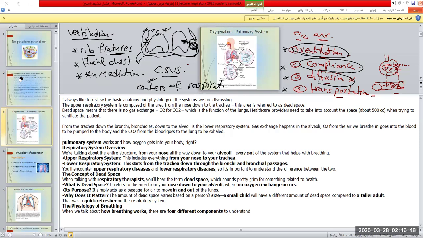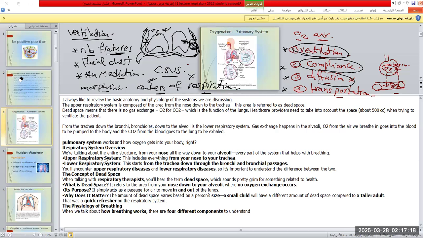So the centers in the brain will not be able to do their jobs, so our respiratory system will not work. So medication such as morphine will interfere with ventilation. If the question is about ventilation, we have just three causes mentioned in our lecture, which are rib fractures, flail chest, and medication such as morphine.